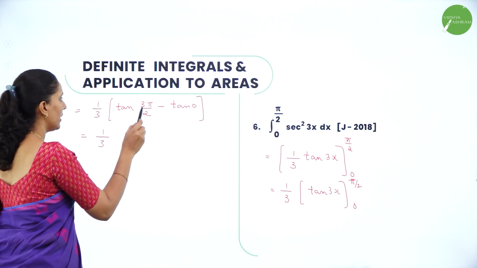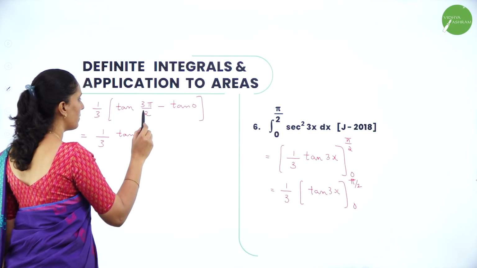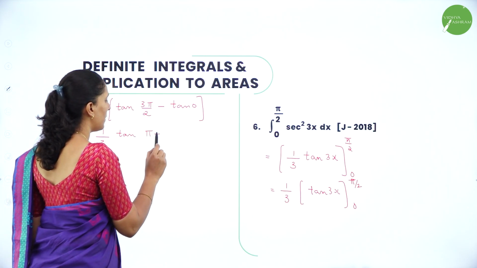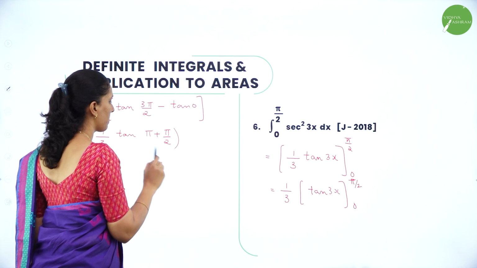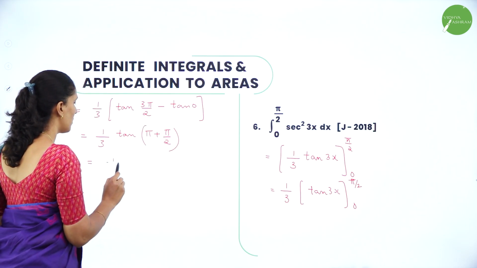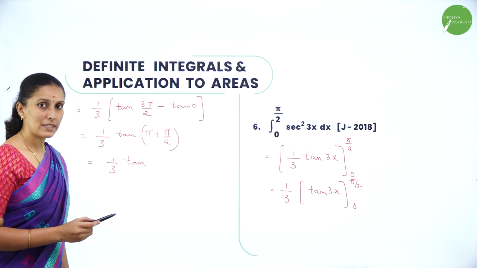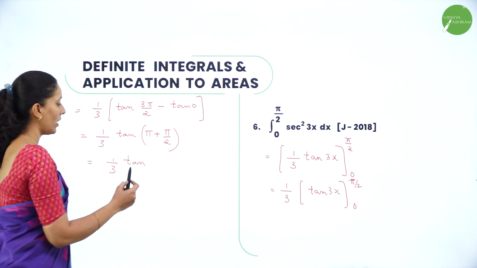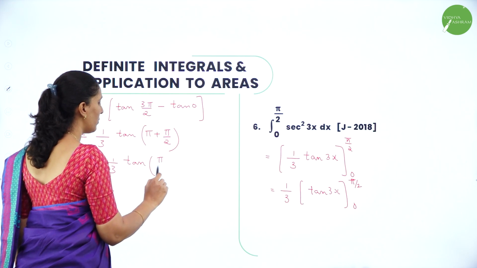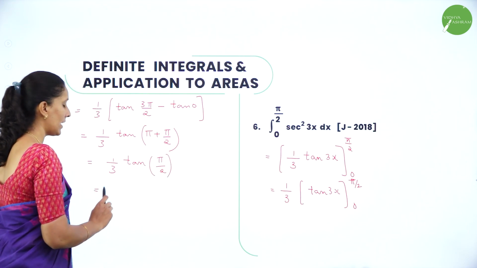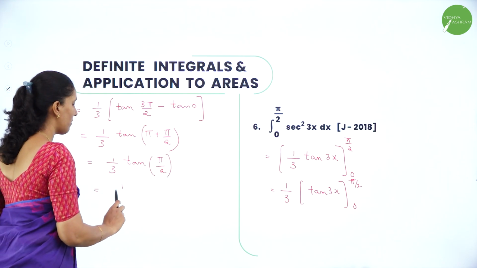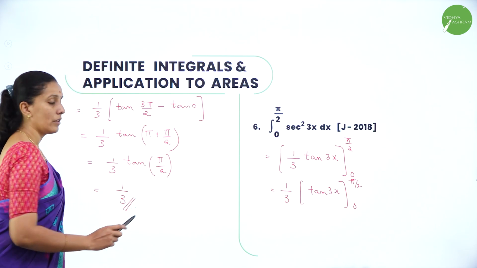So 1 by 3 tan 3 pi by 2 can be written as pi plus pi by 2. So which can be written as 1 by 3 tan, so pi plus pi by 2 means it lies in the third quadrant. So therefore I can write this as the value tan pi by 2, which is tan 90 degree, whose value is 1. Hence the value is equal to 1 by 3.